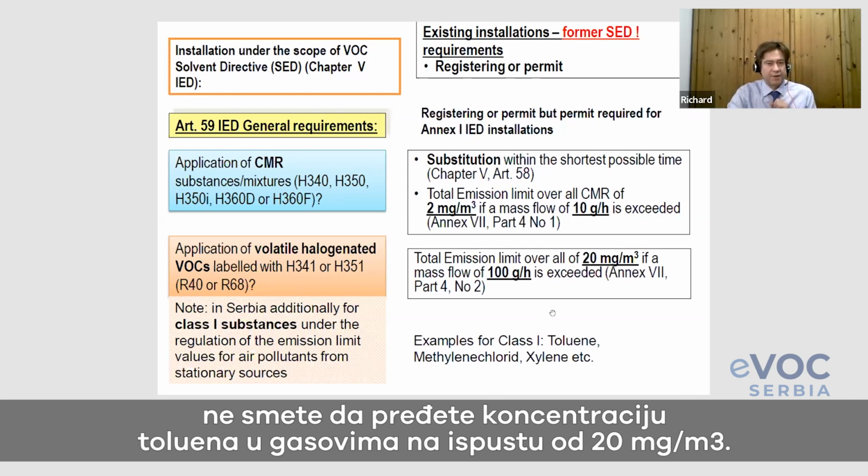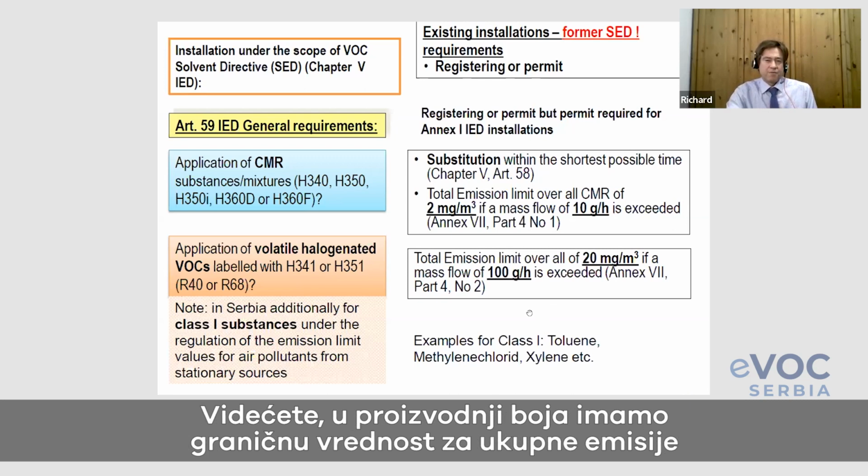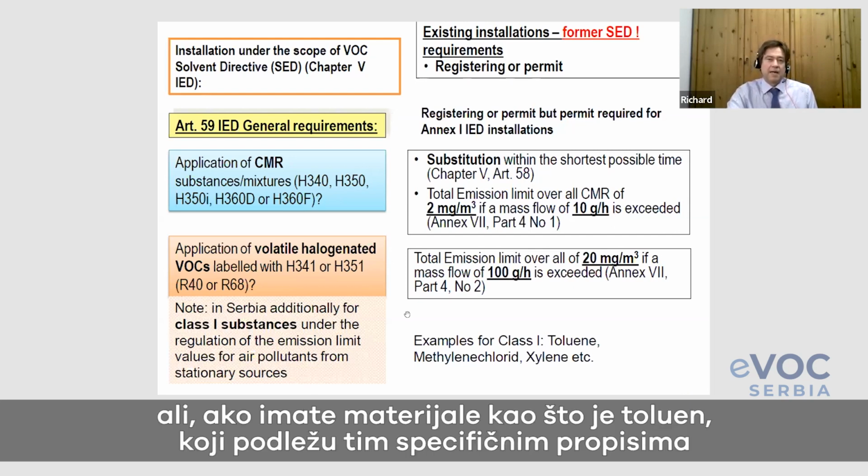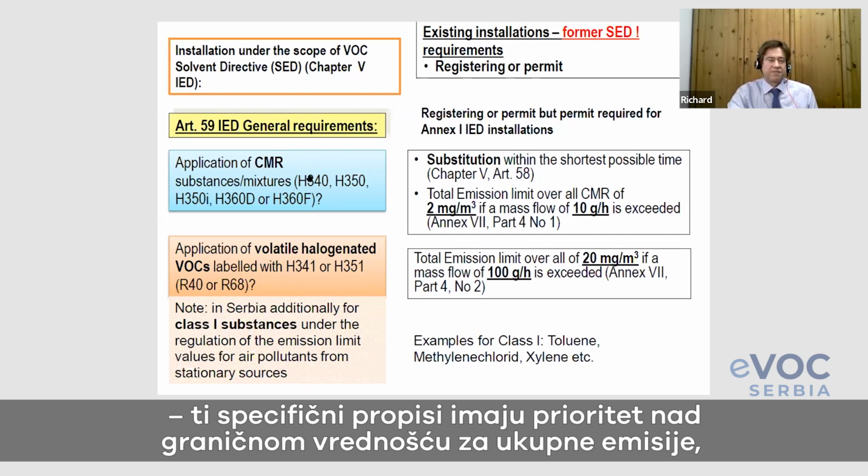And that is now very important. You will see for the paint manufacturing, we have something called a total emission limit value. I would say everybody in Europe is using that total limit value, but keep in mind, if you have materials like toluene and so on that are under specific regulations, those specific regulations have priority compared to the total emission limit value.